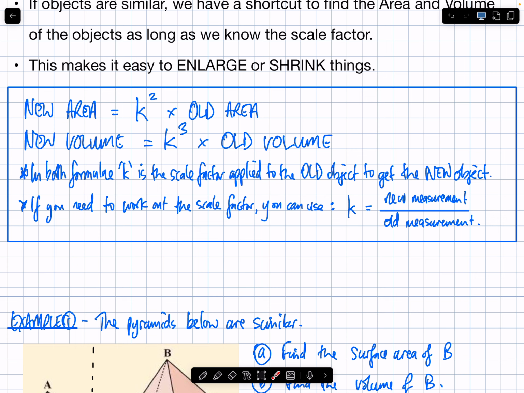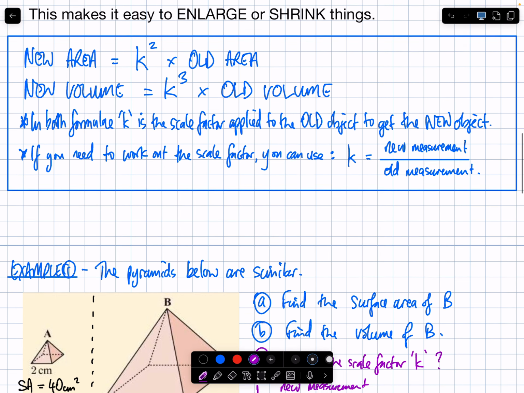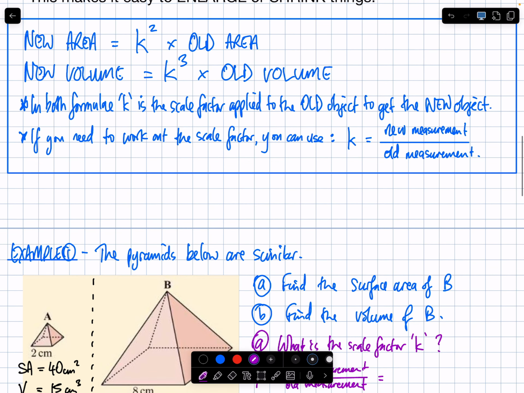Now that second line, if you need to work out the scale factor, you can use k is equal to the new measurement divided by the old measurement. And scroll down so faster people can get the example.